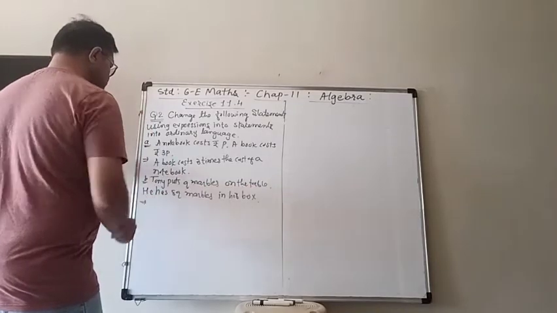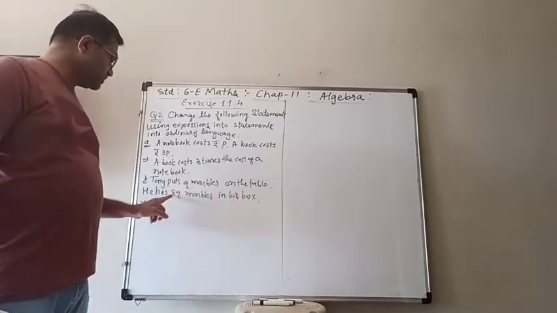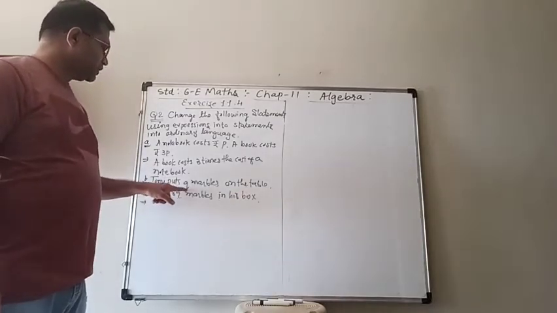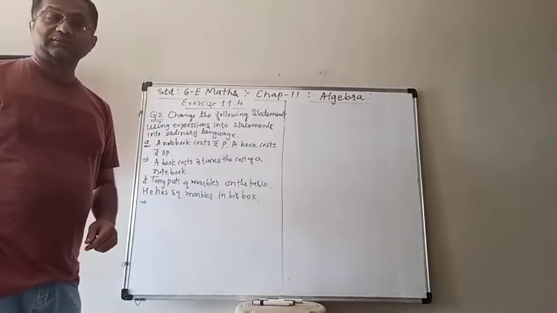So the number of marbles in his box is 8 times the number of marbles that he put on the table.